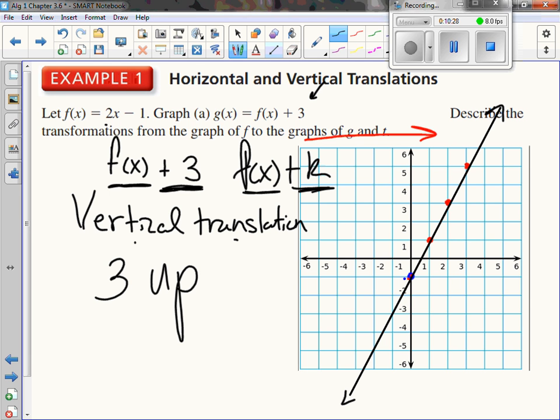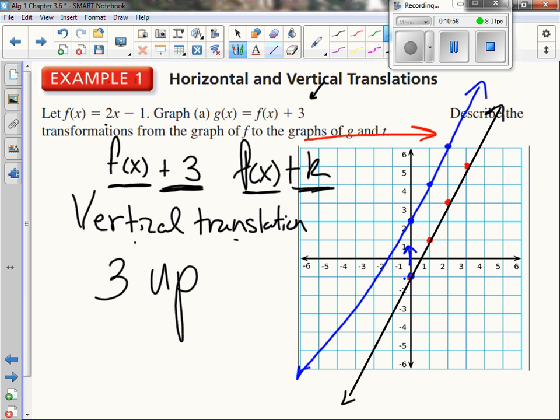If we wanted to graph it, every single point on this graph would move 3 units up. So 1, 2, 3. Here would go up 1, 2, 3. This point here would be up 1, 2, 3. It would be the same line, but we would move it up 3.